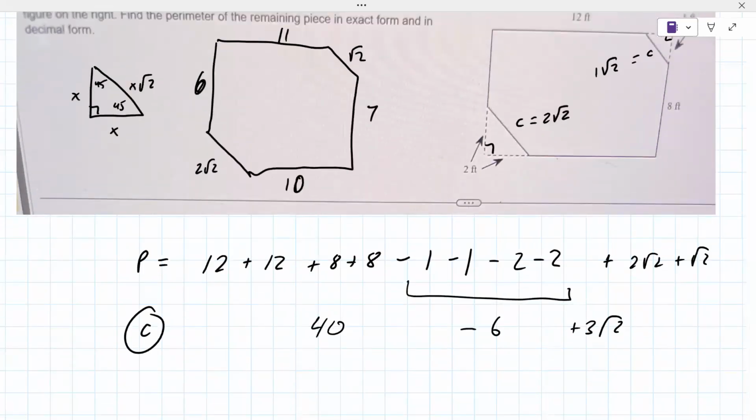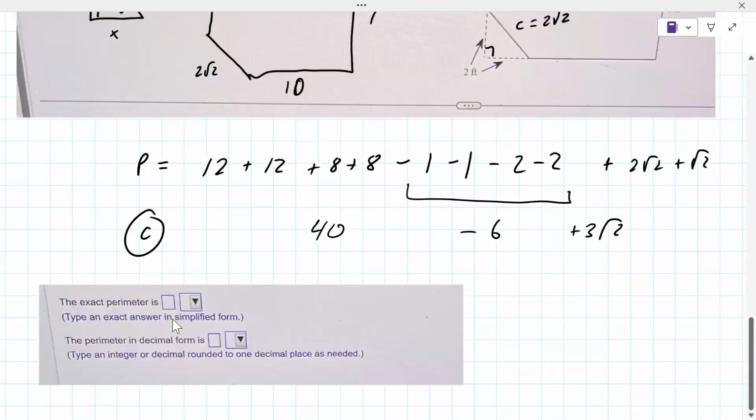Sorry for the scrolling. Now let's get to some of the other answers. For the next one, it says the exact perimeter is, and all you're doing is just subtracting this. That's what we had before. It's 34 plus 3 square root of 2. That's going in the first box. And then the units are in feet.